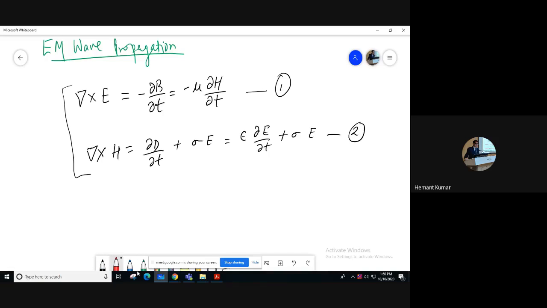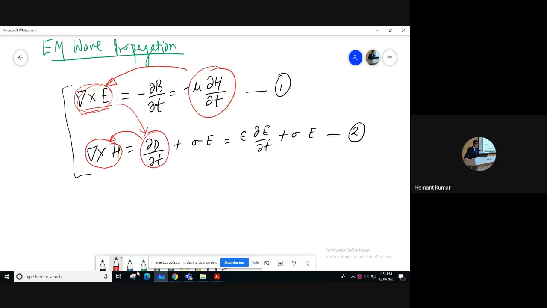Suppose we have a magnetic field which is time varying. It is equal to del cross E. It means it will produce a space varying electric field, because del is nothing but a space varying quantity, right? So it will produce a space varying electric field. And if this space varying electric field is also varying with respect to time, then this will produce a space varying magnetic field, right?